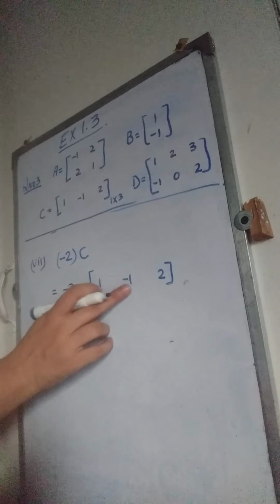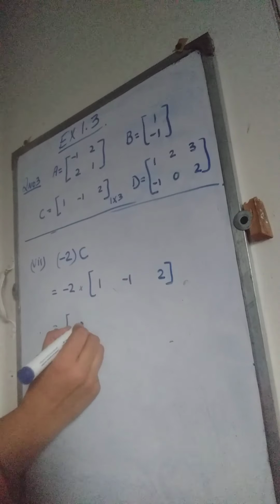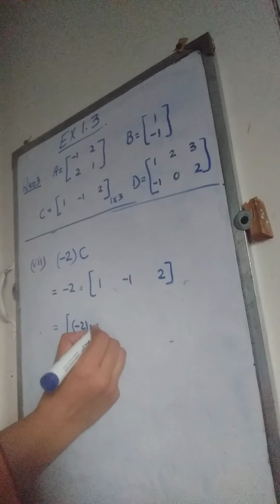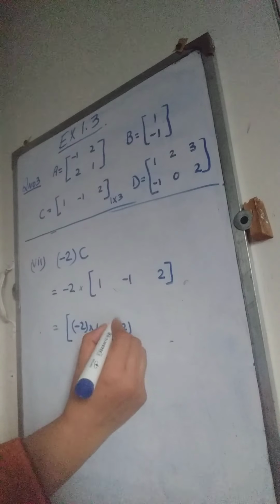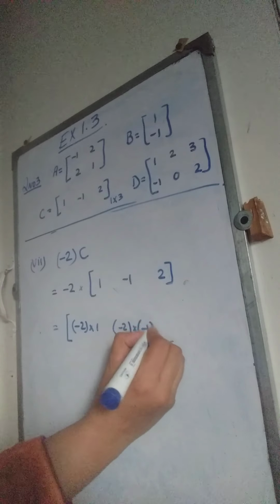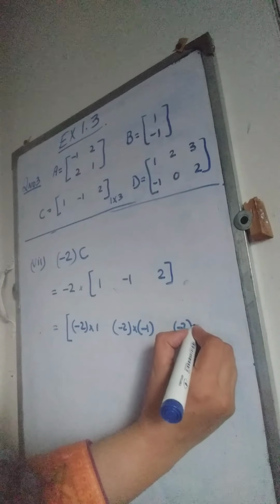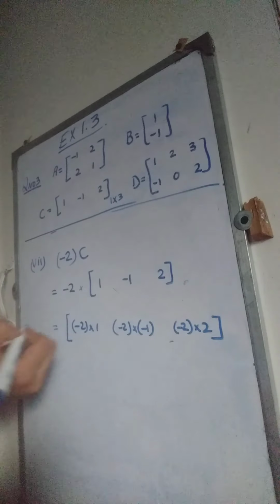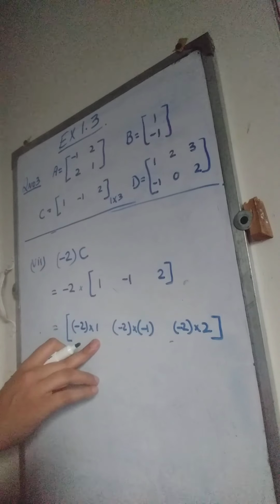This is the first element, the second element, and the third element. Negative 2 into 1. This is the multiplication of this scalar with the first element. Then negative 2 will be multiplied with negative 1, and then negative 2 multiplied with 2. Okay. So what we get here is negative 2 into 1.